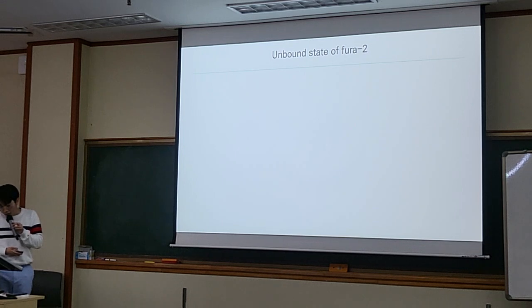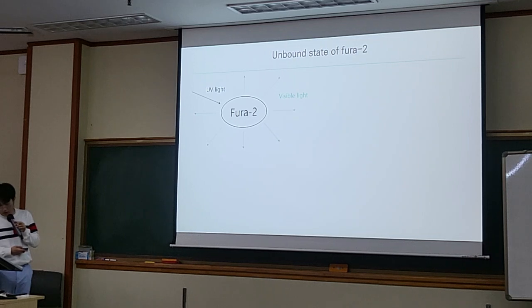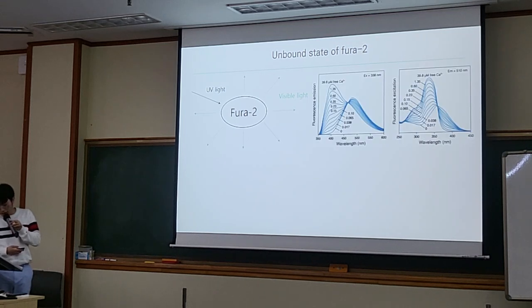So, how does FURA2 work? Initially, let's talk about it in the unbound state. FURA2, which is unbound, has no calcium bound to it. FURA2 is a fluorophore. If it's sent radiation of wavelength 340 nanometers, then FURA2 will emit radiation at a wavelength of 510 nanometers.